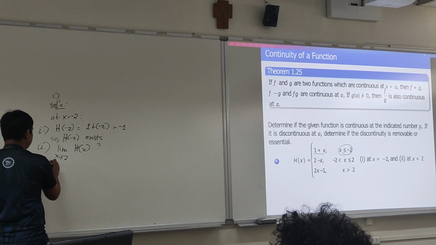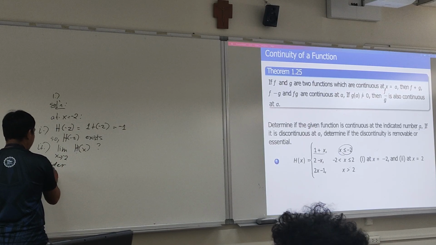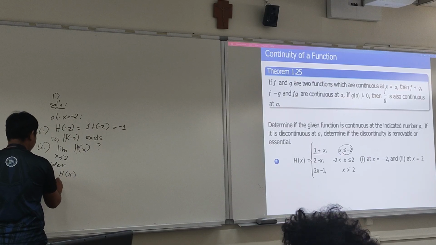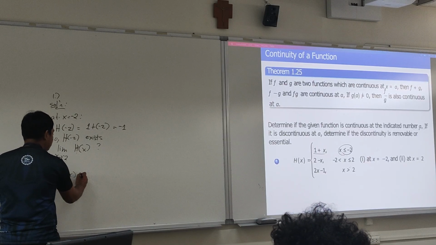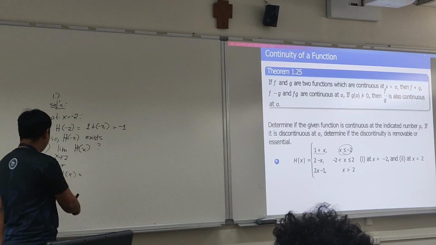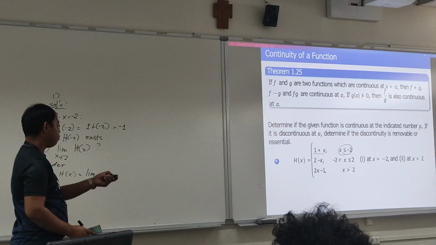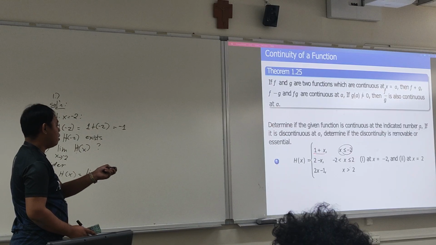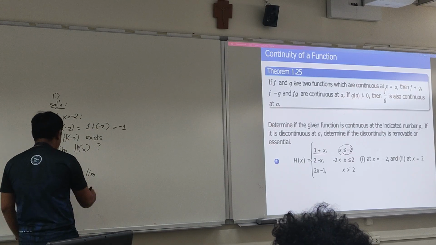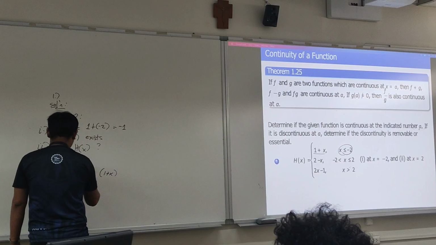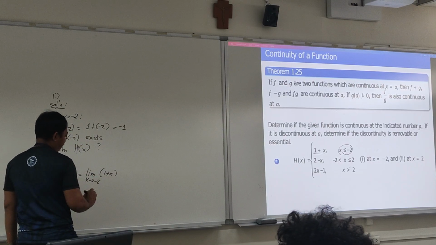So consider the limit of h of x as x approaches negative 2 from the left. That is this given value, the definition of the function: the limit of 1 plus x as x approaches negative 2 from the left.